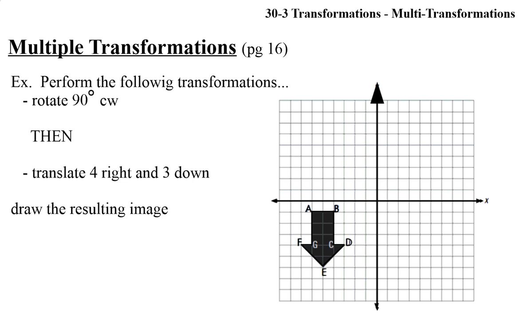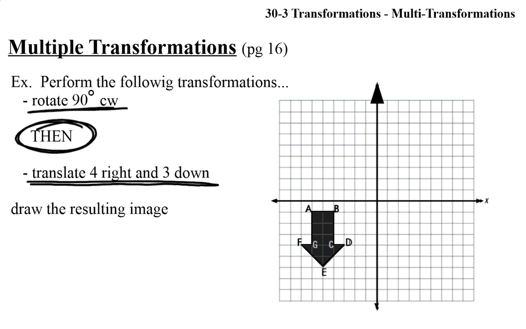It says perform the following transformations: rotate 90 degrees clockwise, then translate 4 right and 3 down. Draw the resulting image. Now, we have to make sure that we go in order. Here's transformation 1, then we do transformation 2.